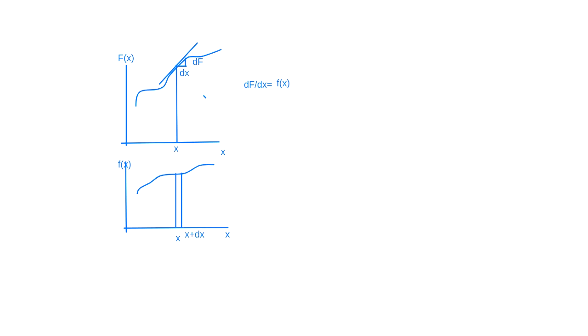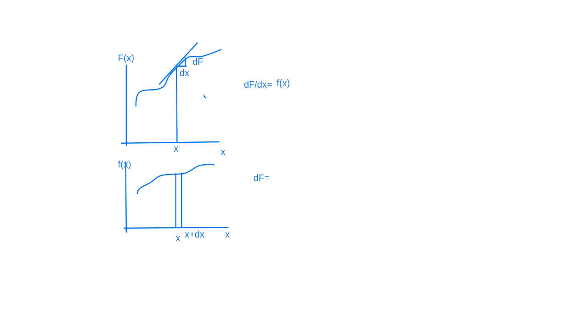Right? This is x plus dx. Now if we write this expression here differently, so write it as df equals, and we'll leave some space here, f(x) dx. Yeah, same as that.